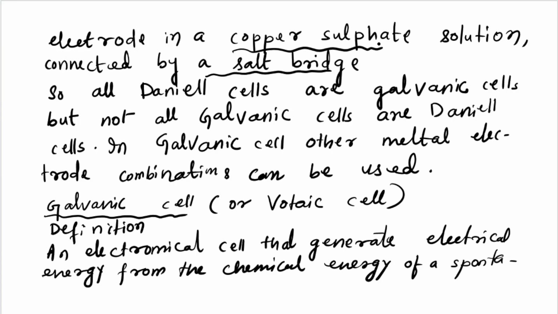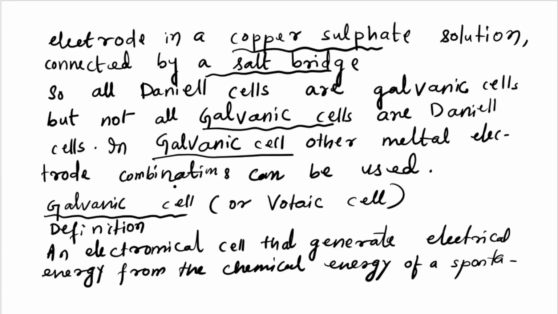So all Daniell cells are galvanic cells, but not all galvanic cells are Daniell cells, because in galvanic cells different types of metal electrodes are used. But in Daniell cell it is fixed, copper and zinc. Zinc in zinc sulfate, copper in copper sulfate. In galvanic cells other metals can be used as a combination.